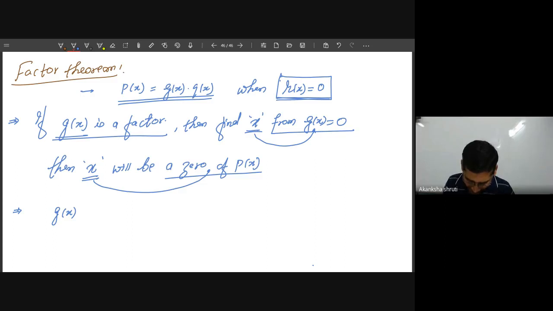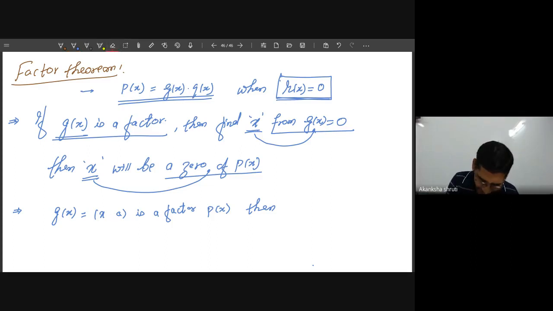So how to state that? For that, at your level, you have to take a linear polynomial. Say this g(x) is x plus a, a factor of p(x). Then what you have to do? Better to take the minus, in your book it is minus.